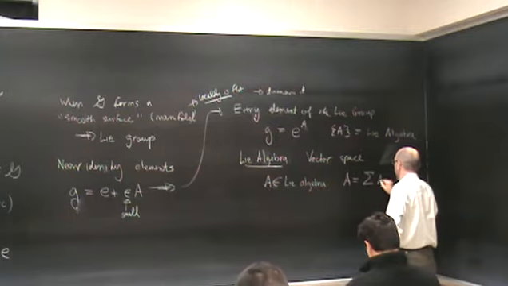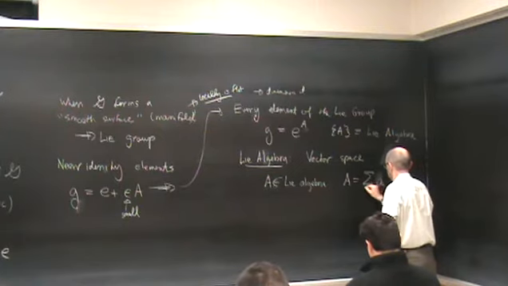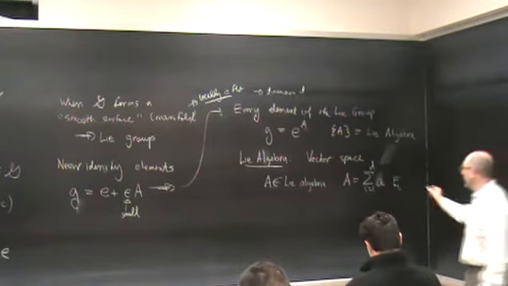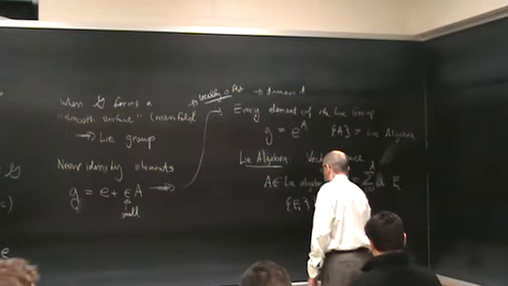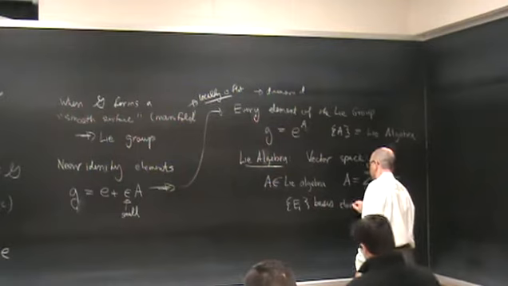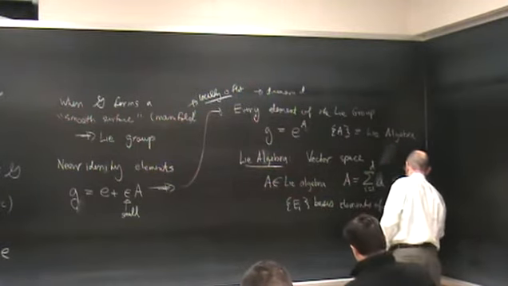So I can write this as, so my E_i are basis elements of the Lie algebra.